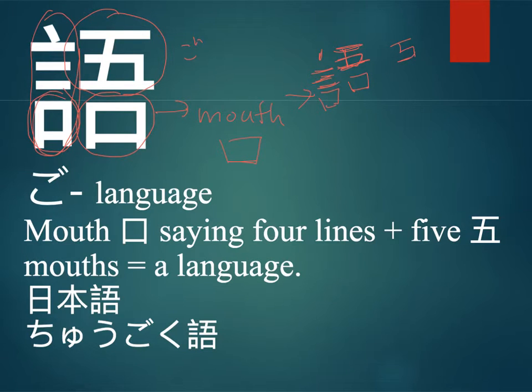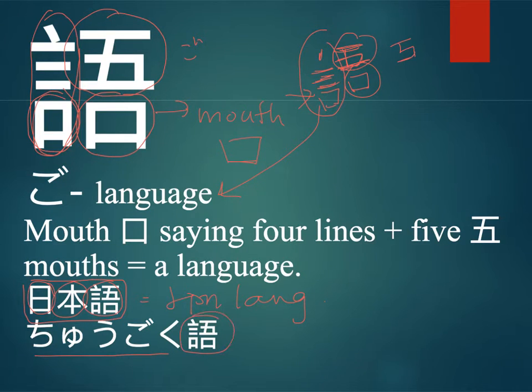In any case, what you have then is 5 mouths saying something equals a language. So if we look at our vocab for this chapter, we have the word Nihongo, or Japanese language. So you can use this kanji with anything. Chuugokugo, Chinese language. Furansugo, Supeingo, Eigo.